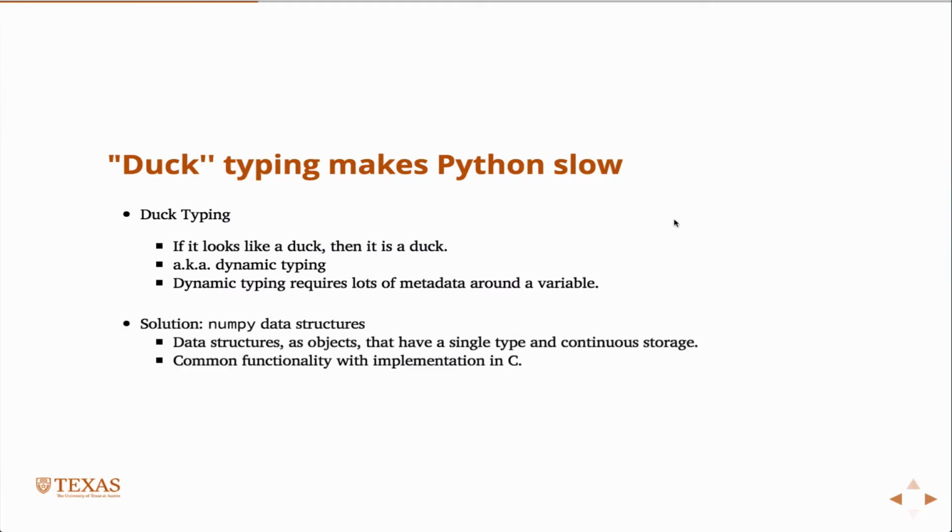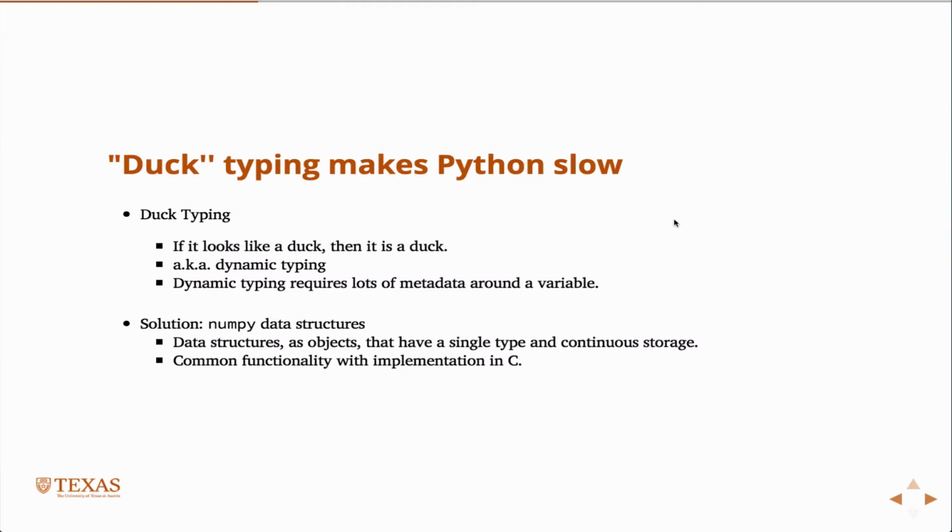So what Numpy does is it gives you a set of data structures as objects, and of course everything in Python is an object, that have a single type. So the data structure would be like an array of floats or array of integers, and these are stored in memory in contiguous storage. And then it gives you a set of common functionality where two arrays can be multiplied, or some operators are overloaded, like the plus.